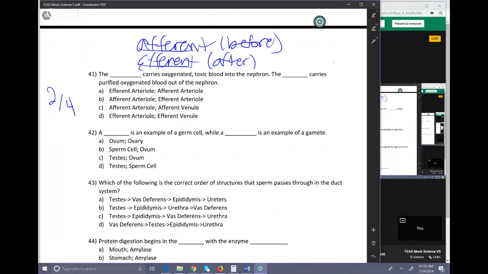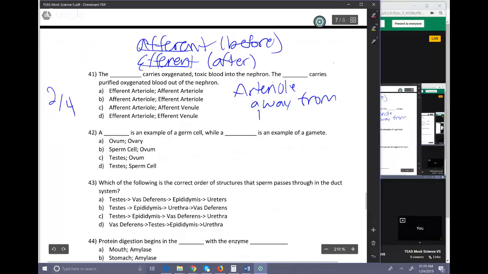And then we also know that arterial and venule have a certain meaning. And arterial would be headed away from the heart. And if we're out in the body and we're headed away from the heart, we would have oxygen. A venule, again, if we're out in the body and we're not in the heart or near the heart, a venule would be deoxygenated.